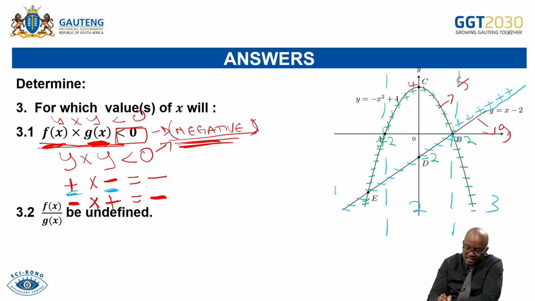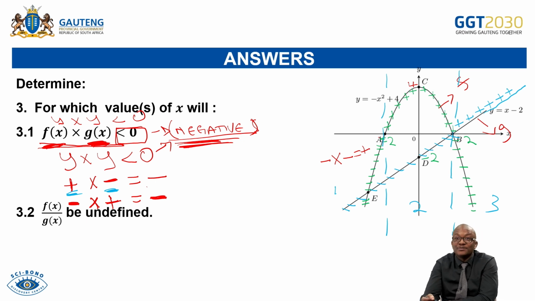we can see that there we have negative multiplied by negative, which will give you positive. I'm talking about multiplying the green and the blue. Correct. Where x is equal to negative 2. That interval there is out.